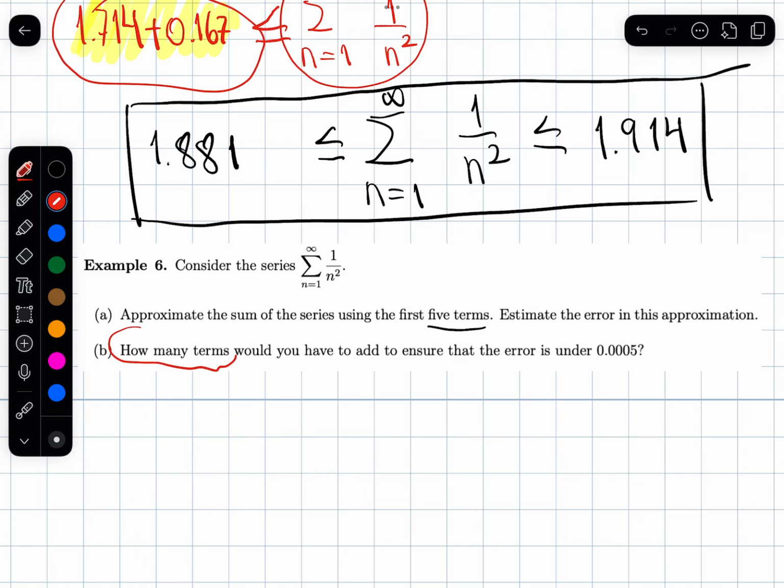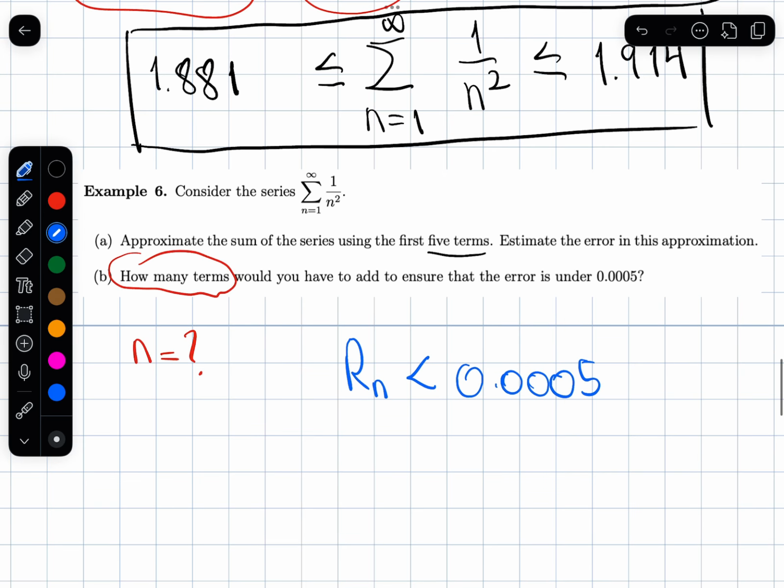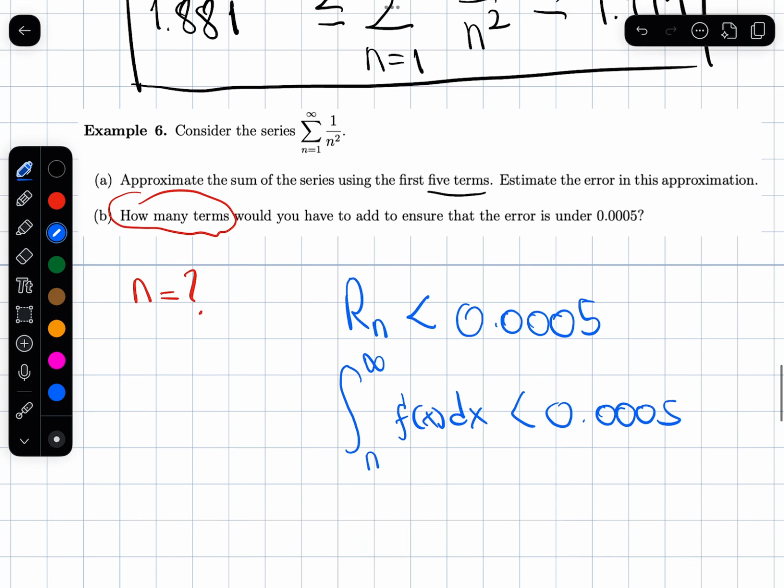We want to know how many terms, so the question is asking what n is. We want the integral from n to infinity of f of x dx to be less than 0.0005.